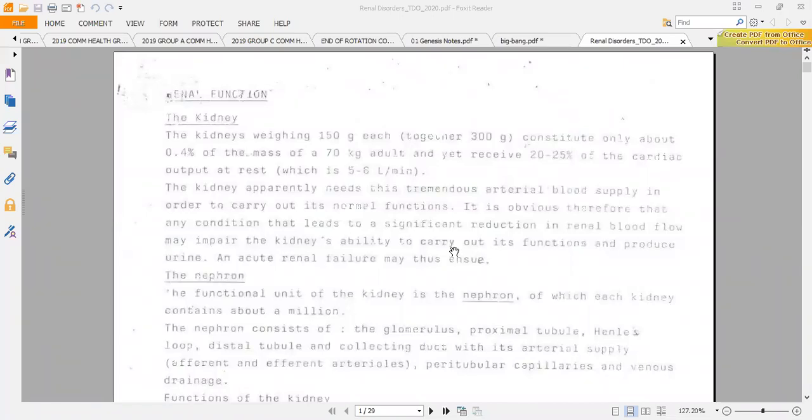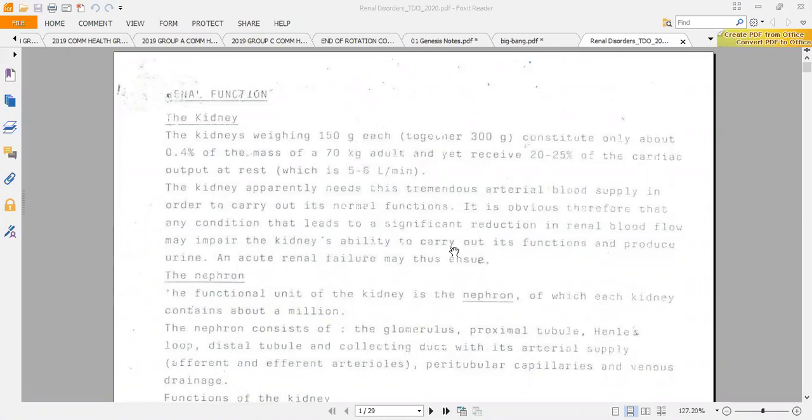Good. Now, the functional unit of the kidney is the nephron, and we know the nephron has several parts. We have the glomerulus and Bowman's capsule, we have the proximal convoluted tubule, then we have the loop of Henle, the descending loop and then the ascending loop.